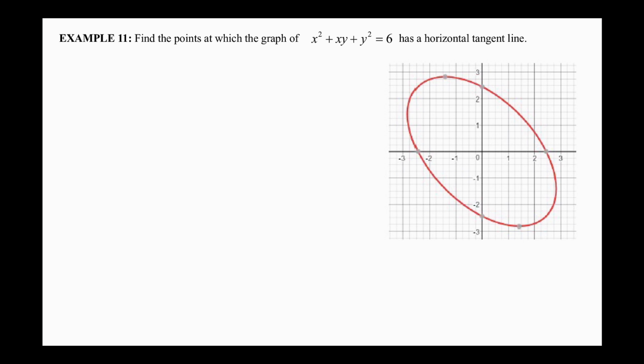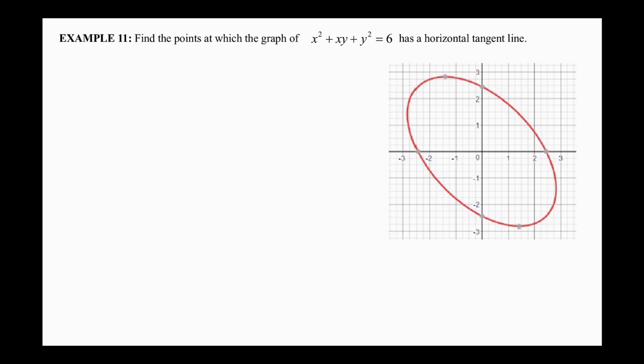So we already know the slope. We don't have to find the slope here. Slope is 0. We just have to figure out where. Look at the graph. Where is it going to have a horizontal tangent line? You can kind of approximate it, guesstimate it.